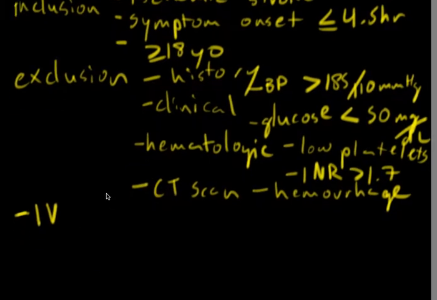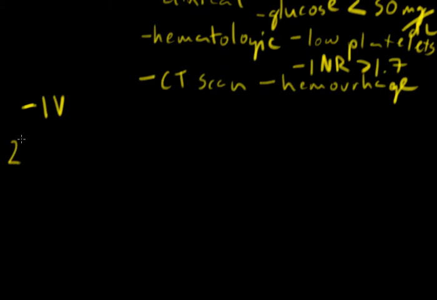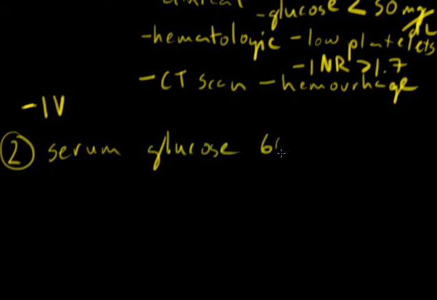So that's the first thing you can do to reverse conditions: RTPA therapy. A second thing to reverse conditions is to maintain serum glucose levels. Serum glucose levels could be too high or too low. Keep them at 60 to 180 mg per deciliter.